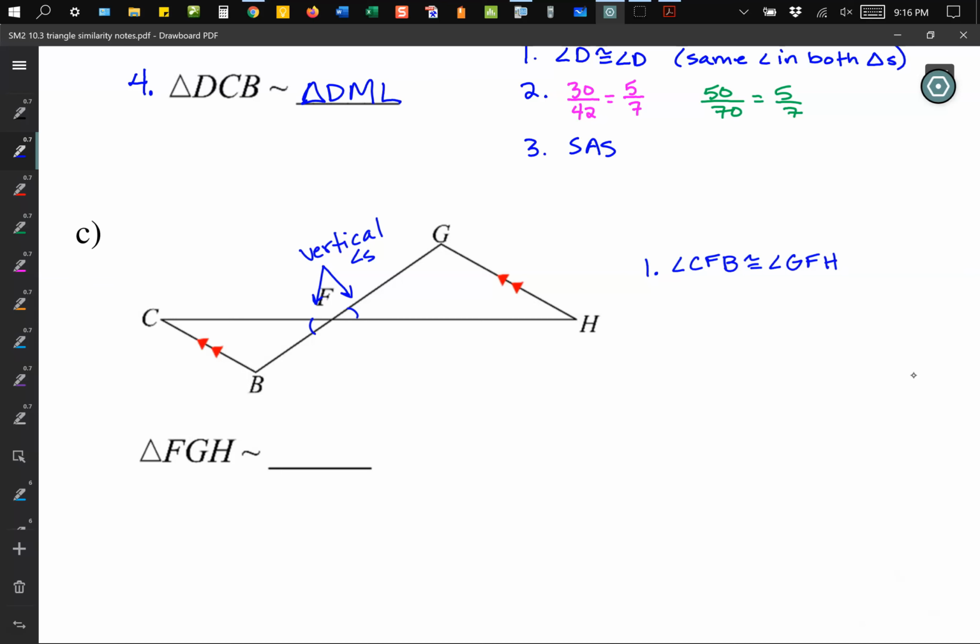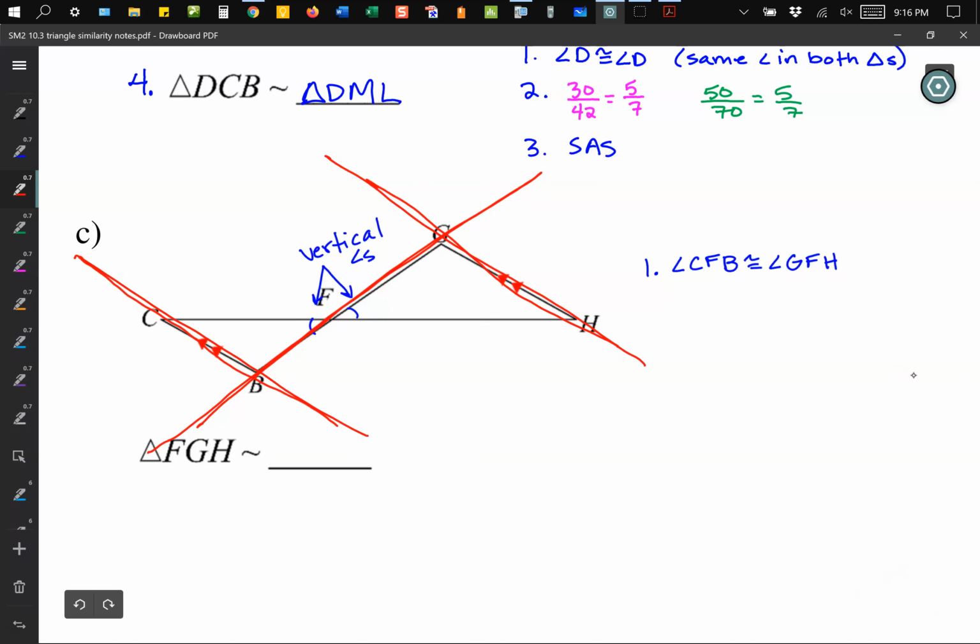Now I need a second set. So for this, you need to remember or go back and review the information for section 9.2. So in order to help you see this, I am going to do this. You have 2 parallel lines and a transversal.